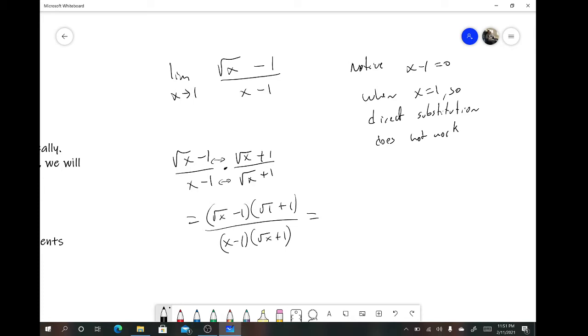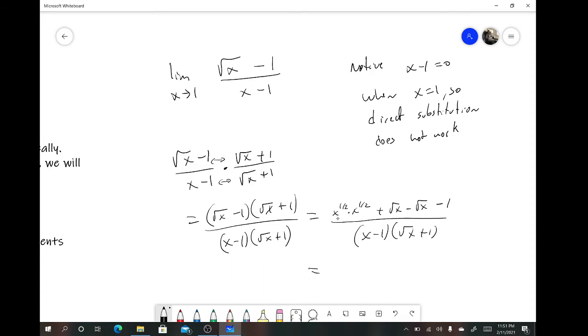If we could get rid of that x minus 1, then we will be golden. So we have radical x times radical x, that's x to the 1/2 times x to the 1/2. Then we have plus radical x, and then minus radical x, and then minus 1. And then the denominator stays x minus 1 and radical x plus 1.